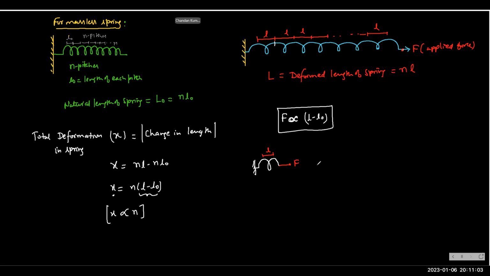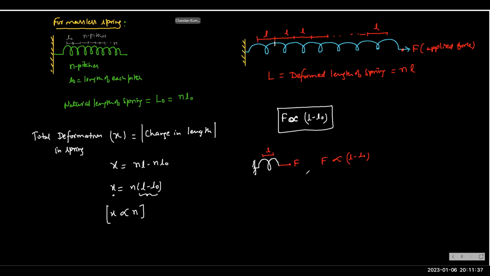So here F will be proportional to L minus L naught, if I start with only one single pitch. As the pitches grow in number, definitely the total deformation will grow. So F is proportional to L minus L naught. Understood?